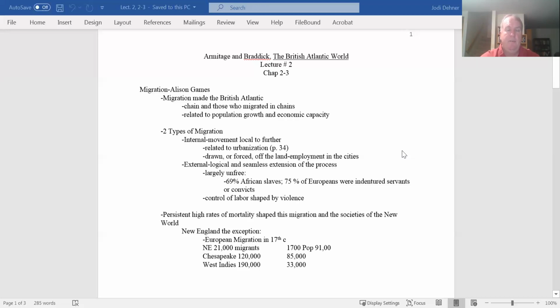In addition, many of the people who initially colonize the New England colonies are people who are fleeing, or drawn to some sort of religious ideal world they're going to create, and so they come as family units. So the migration stream to New England colonies is much more evenly balanced between males and females.